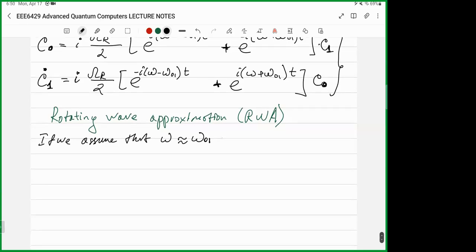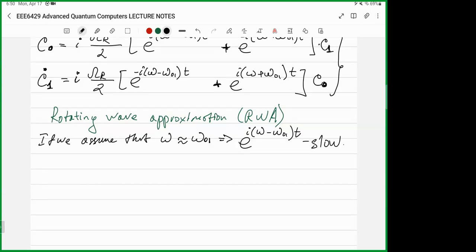What does it mean? It means that the function e to the power of i (omega minus omega 01) times t will be a slow function, because the difference between omega and omega 01 will be very small, so it will be slow.